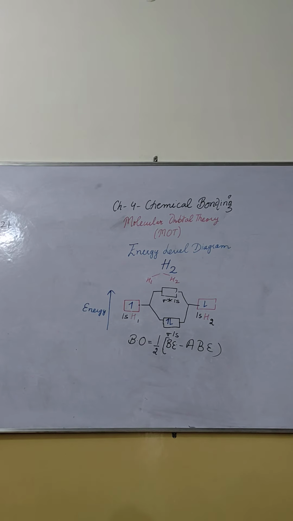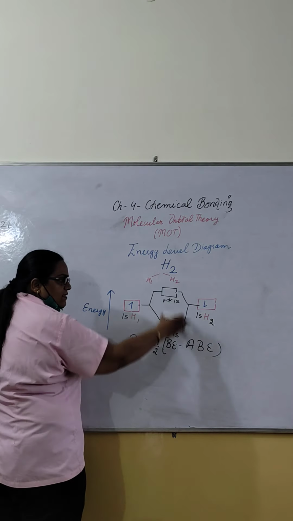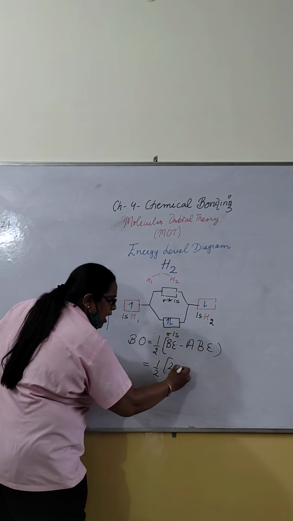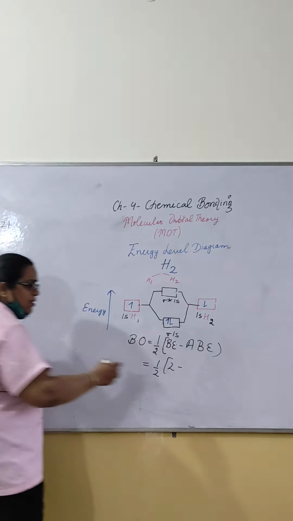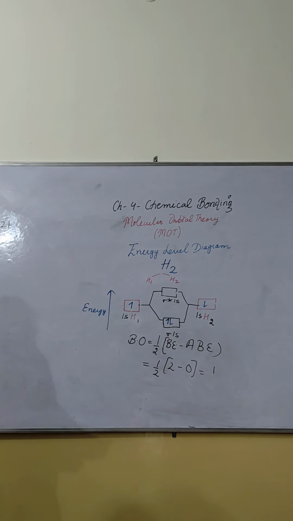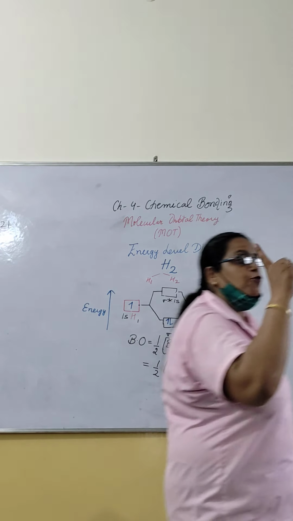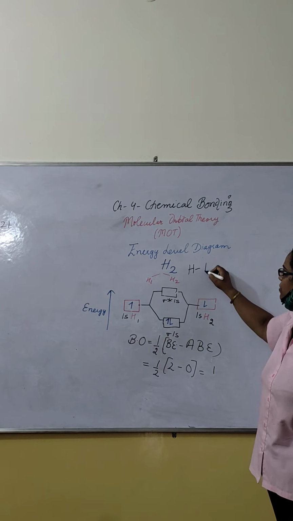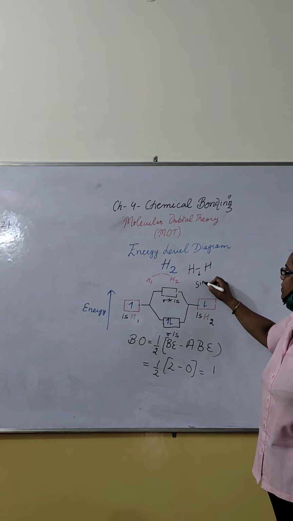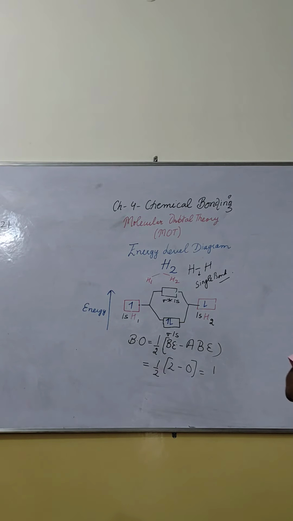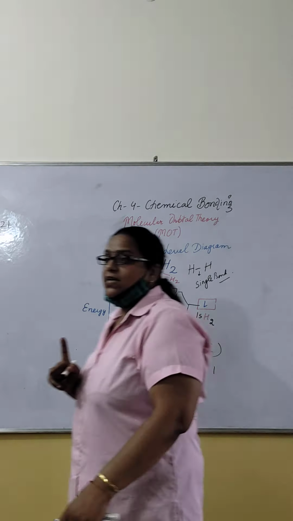But how many bonding electrons are present in the hydrogen molecule? How many bonding electrons? How many anti-bonding electrons? So the bond order comes out to be 1. If the bond order comes out to be 1, it means it includes a sigma H-H single bond.